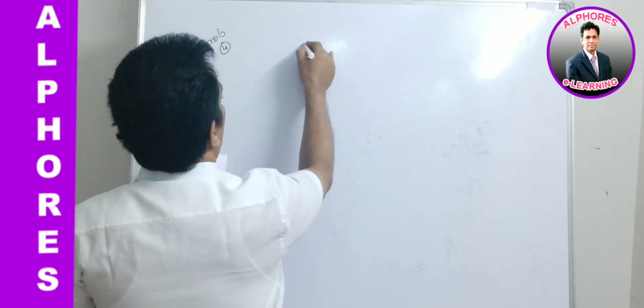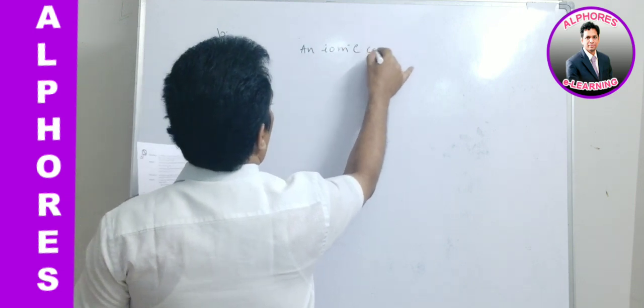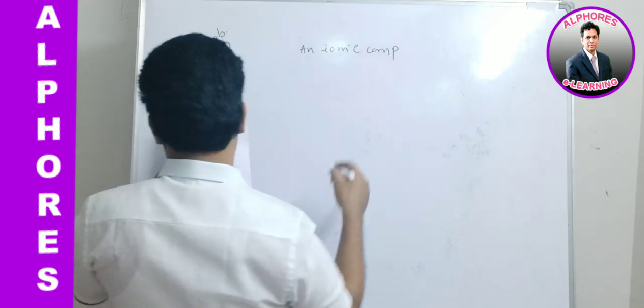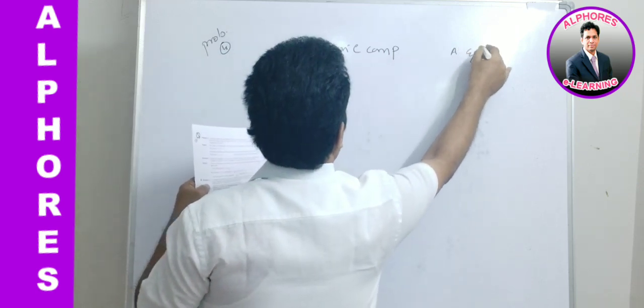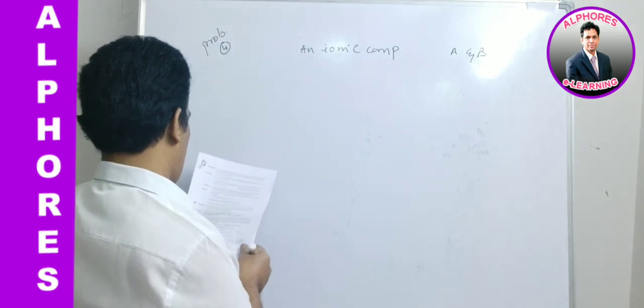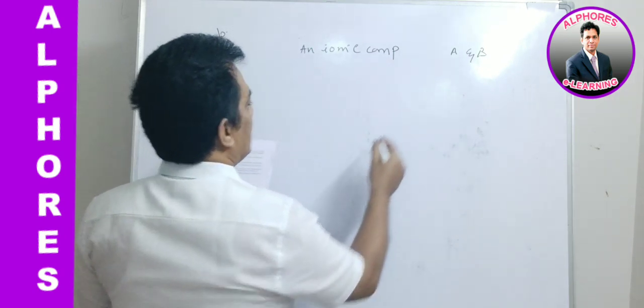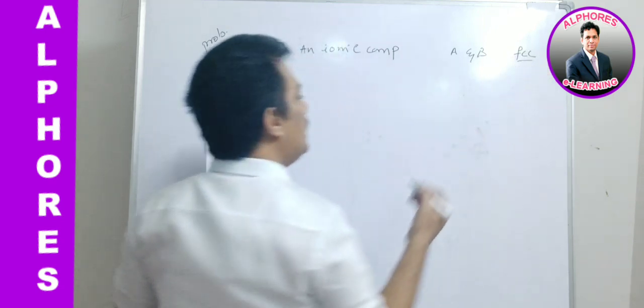An ionic compound is made of A and B. It has FCC structure. What is FCC?